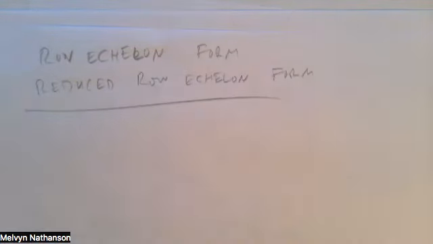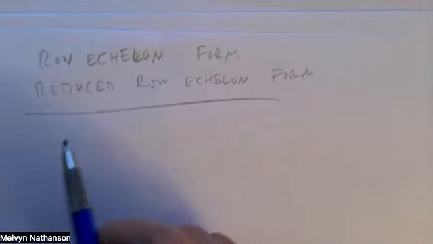And what we're doing when we solve a system of equations is putting a matrix into reduced row echelon form. So when is a matrix in reduced row echelon form?